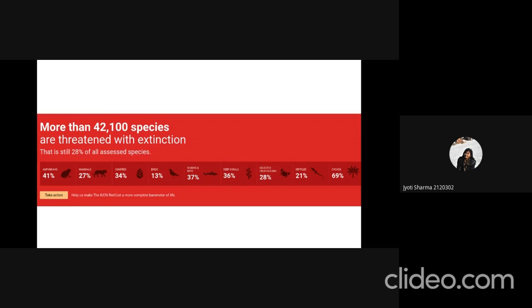Okay. So the reason behind it is that it has a very low population growth rate. Because of the very low growth rate, suppose it mostly takes 10 years to produce seeds. If you have two species, one species is producing seeds very frequently, let's say in 4 or 5 months, but cycads produce seeds in 10 or 11 years.